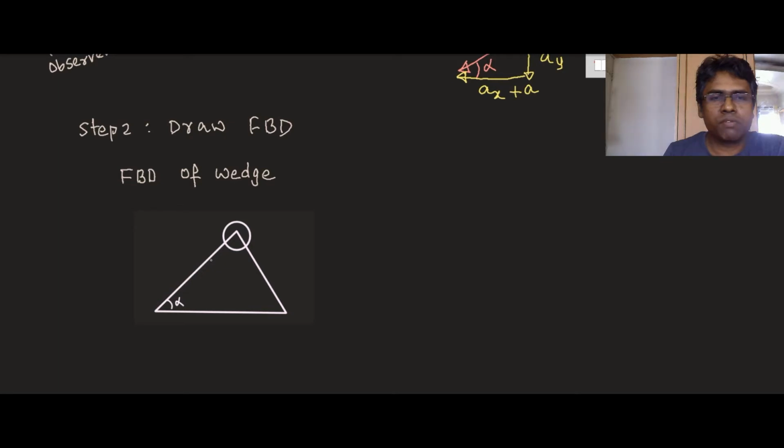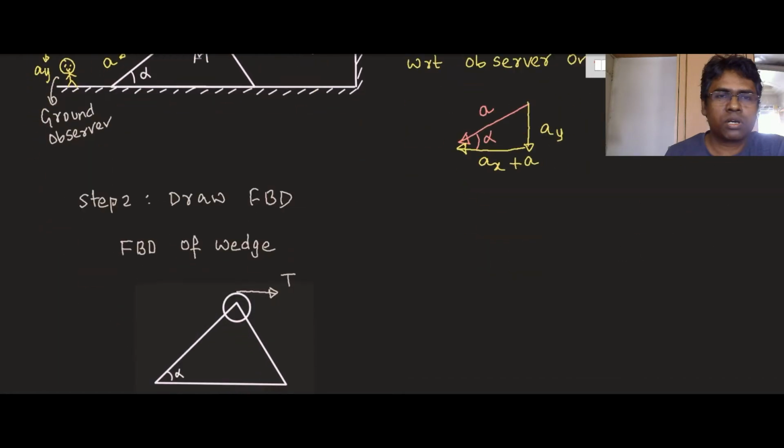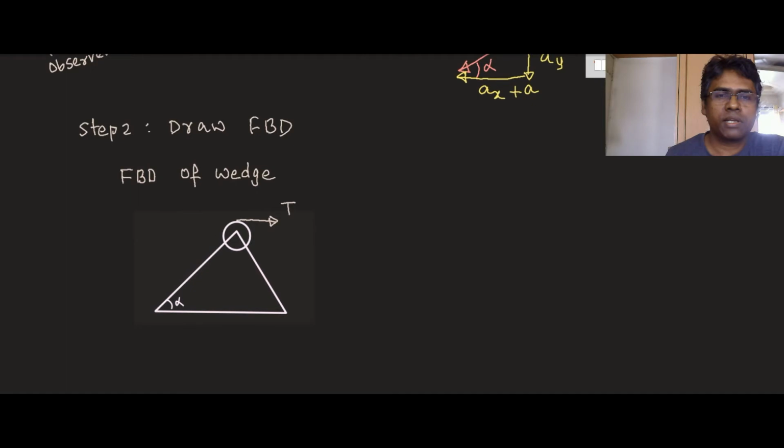So the string on the right side is going to apply a force, let's call it T. The string is also connected to the block down the incline, so the tension force is also in this direction. String or thread doesn't matter, so we'll just call it a string.